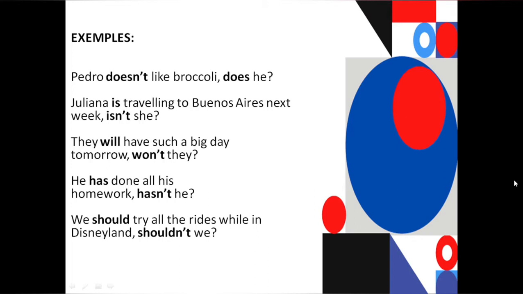Juliana is traveling to Buenos Aires next week, isn't she? When my verb is in the affirmative, my tag question will be in the negative. This is a rule, guys. This is how it has to be. So if my verb or my auxiliary is in the affirmative, my tag question will be in the negative. And if it is in the negative, my tag question will be in the affirmative form.